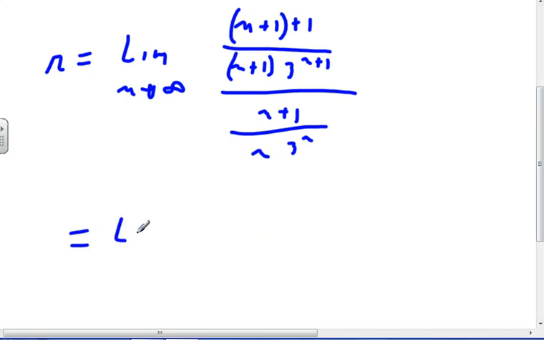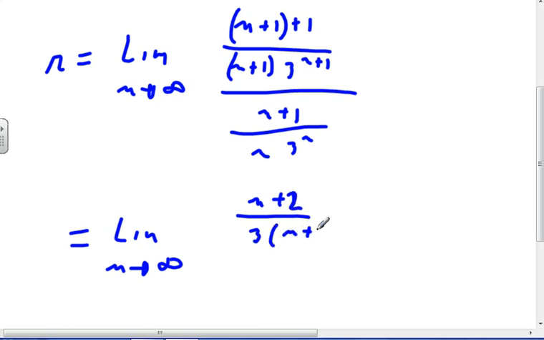So limit as n goes to infinity. I have an n plus 2. I have a 3^n here, and I have a 3^(n+1) there, so I'm going to have a 3(n+1), divided by (n+1), divided by n.